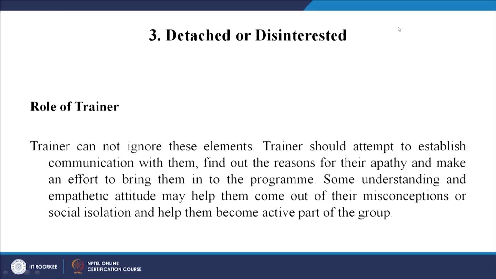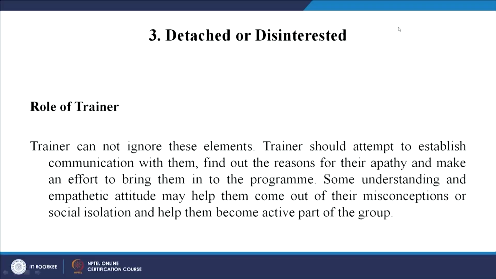Some understanding and an empathetic attitude may help them to come out of their misconceptions, and the misconception was that this person or this particular training will not help me, right. That misperception you can remove, because when he is sent here by the organization there must be a certain purpose, so he has to learn. Therefore, we have to remove his misconception.